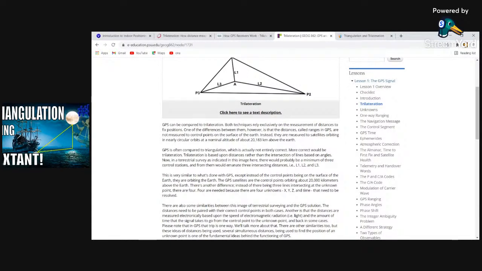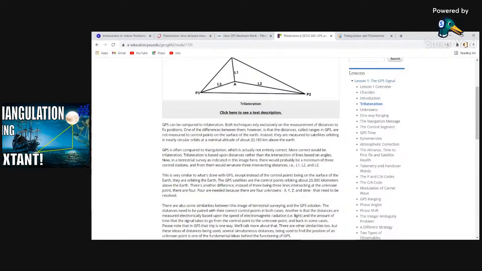Distances to the fixed position, we're already at that position. We're trying to find that position. Why is there more than one reference coming to our position? One of the differences between them, however, is that the distances, called range in GPS, are not measured to control points on the surface of Earth.